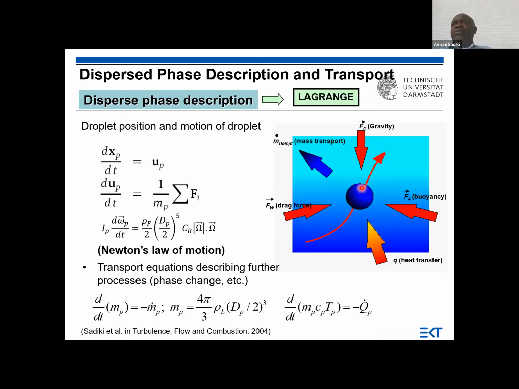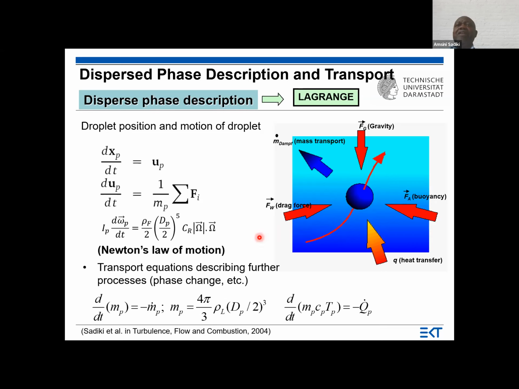So there are different forces which can act on this particle, and this particle can also change its phase. Then we have, for example, heat transfer, and the heat transfer can produce different effects, condensation or evaporation, so modification of the mass here. And we have different forces. We can have, for example, gravity force, drag force, buoyancy force, but we will see everything in the next slide.